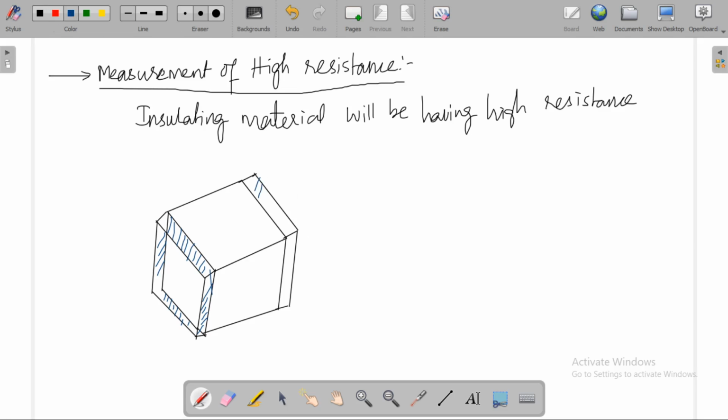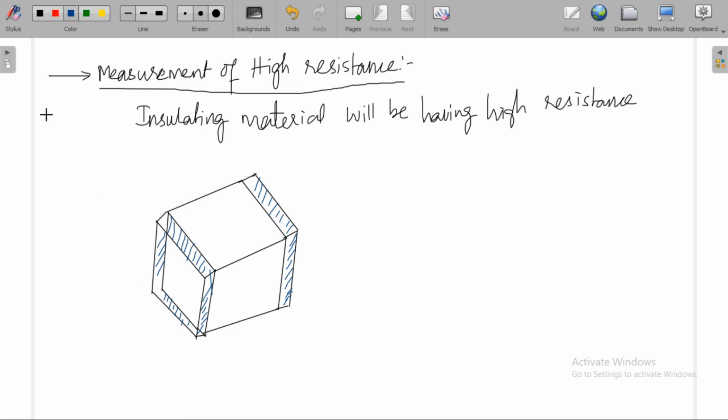Now this is the second conducting plate. So voltage is connected to this insulating material with the help of two conducting plates.